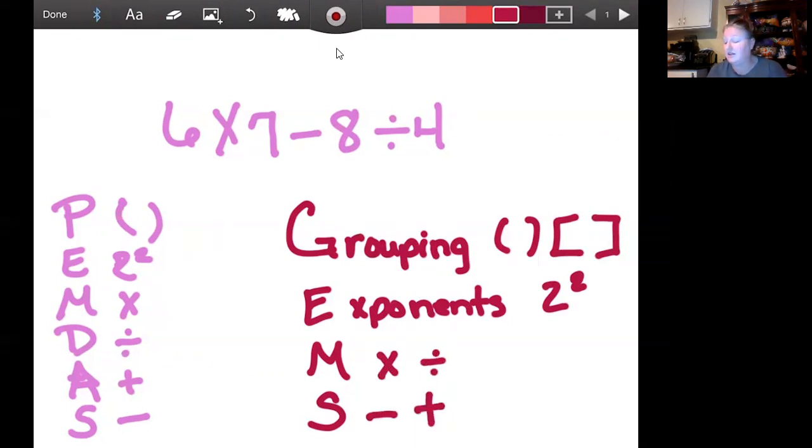The reason it's done like this is because multiplication and division have the same priority. They don't come one before the other. If you have multiplication and division all the way through, you just start at the left and work your way over, unless you have your grouping symbols. Same with subtraction and addition. My favorite's GEMS, but most teachers teach PEMDAS, so it's good to know that one. But if you want to know the other one just for fun, GEMS is really easy.